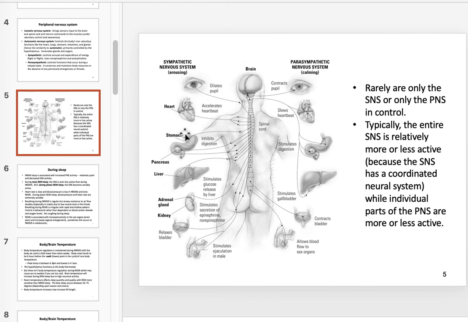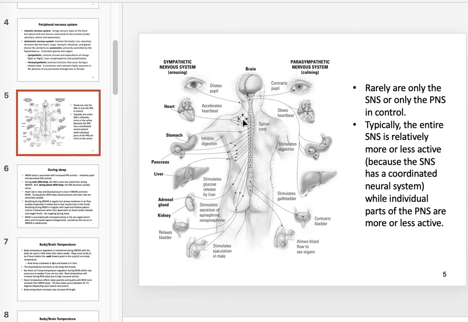All of that has to have activity that's controlled. Either we're going to shut it down because it's not important for immediate survival under sympathetic nervous system triggers, or we're going to have to actually use those systems, turn them on for rest and recuperation under parasympathetic.